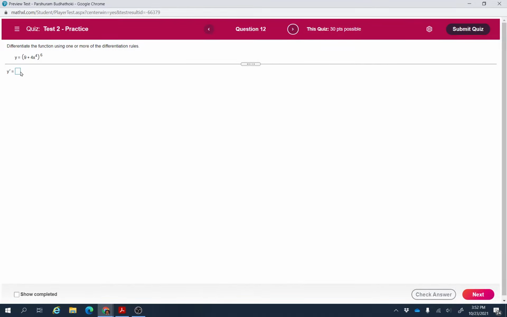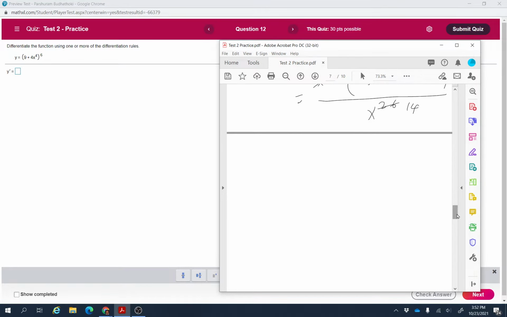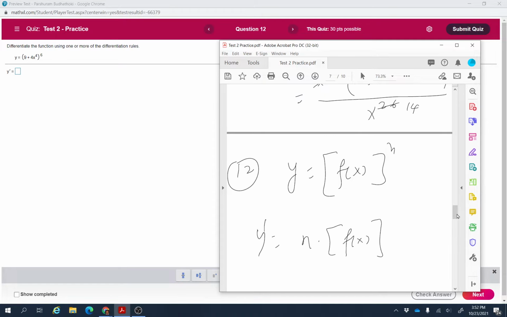This is just a chain rule. Chain rule means, if you remember, that's problem 12: if y is a function to the power of some integer n, then y prime is n times the function to the power n minus 1 times the derivative of the function inside the bracket.